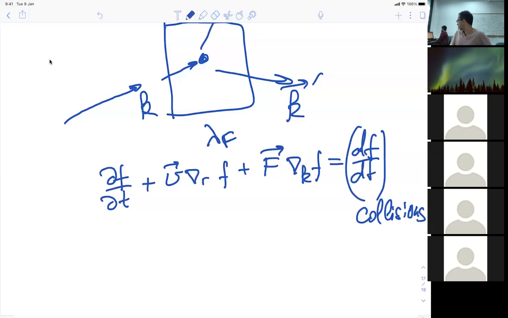And by collisions, I mean these types of events that occur at very short length scales, such as scattering off an impurity.